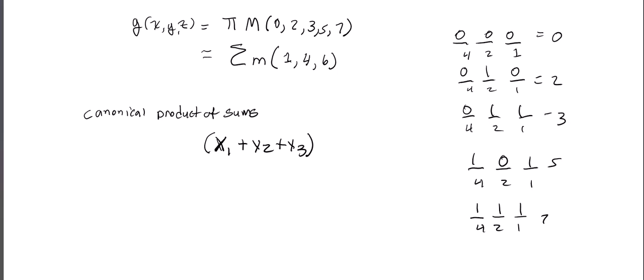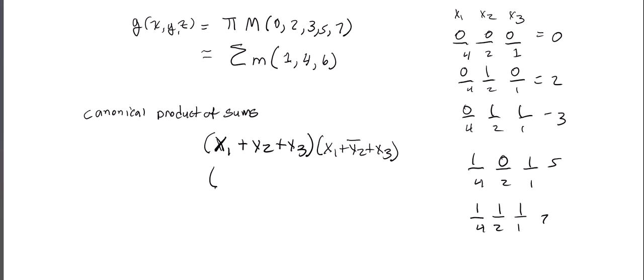And so to get the max terms, if it's a 0, I have it uncomplemented, and if it's a 1, I have it complemented. And this would correspond to x1, x2, x3. So max term 2 would be x1 plus x2 bar plus x3.